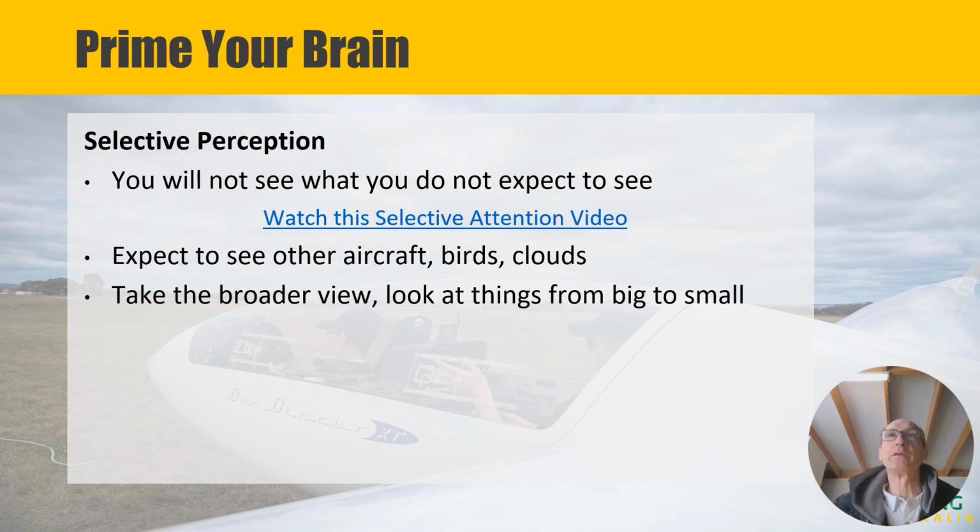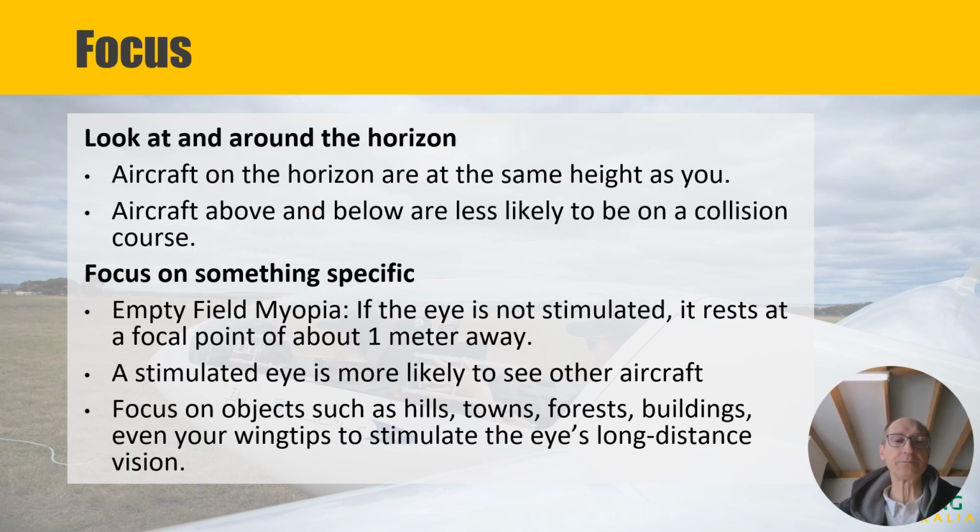So for example, we could watch this selective attention video that's on YouTube, which I'll send you a link to because it's quite good, but it teaches you about what to look for. When you're looking for something in particular, you miss other things. Just moving your head around, you actually don't see anything.